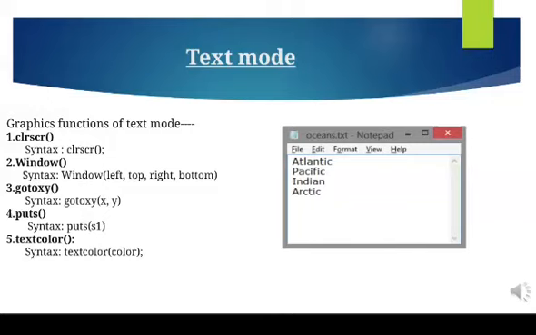The next is gotoxy. gotoxy positions the cursor at the specified location on the screen, where the location is specified by the XY coordinates of the point. It means if you want to take your cursor to a particular point, then you will use the gotoxy function.